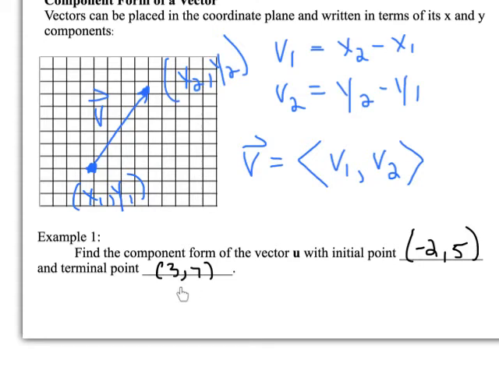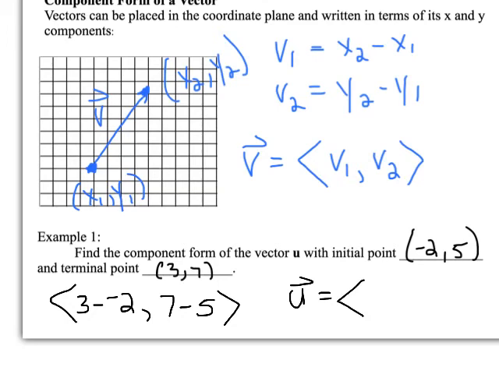It has to be 3 minus -2, and it has to be 7 minus 5. You have to go in that order. It's terminal minus initial. There's my x component, 3 minus -2, and there's my y component, 7 minus 5. So in the end, that vector u is represented by <5, 2>.